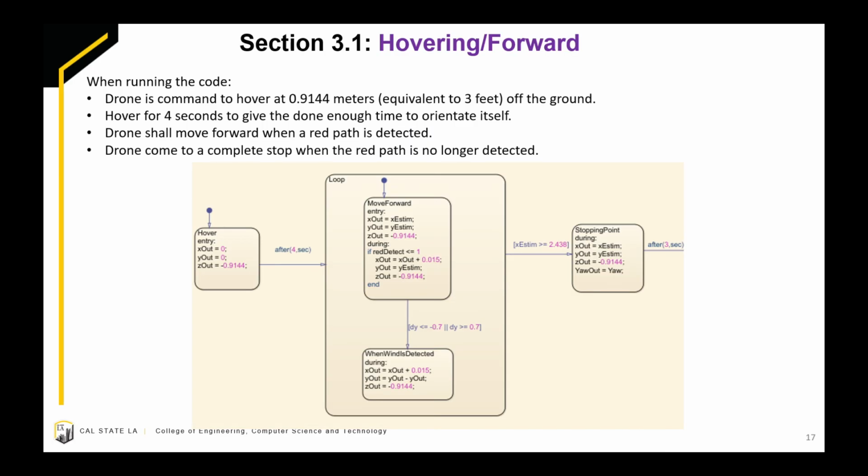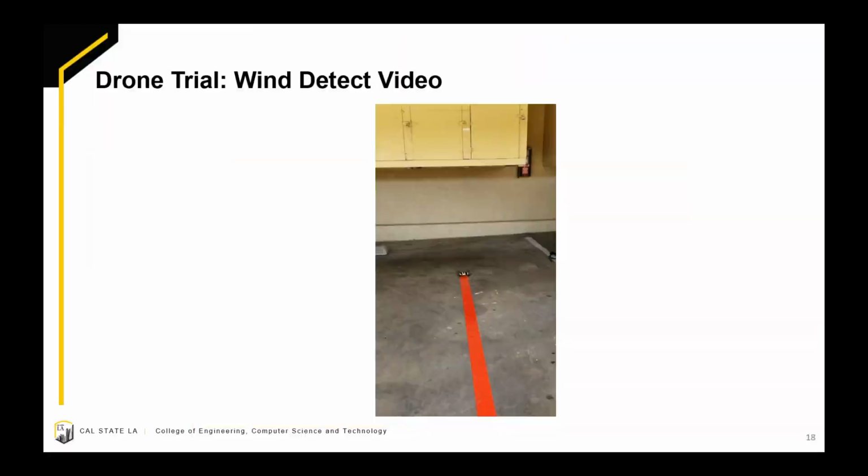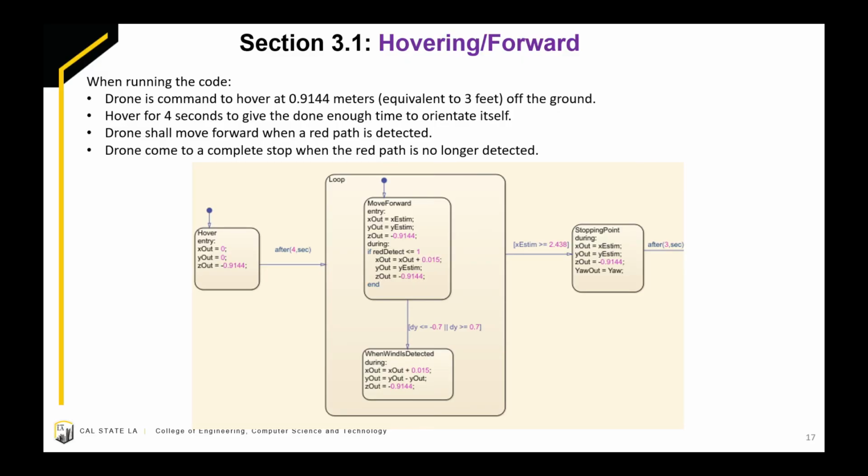The way this code works is that it uses dx dy outputs from the IMU sensor to determine if the drone speed passes the 0.7 meters per tenth of a second rate. If so, then the input data dx dy is subtracted by the same input dx dy as the input data constantly updates. Once the end of the red path is detected, the drone comes to a stop and follows the next command block.